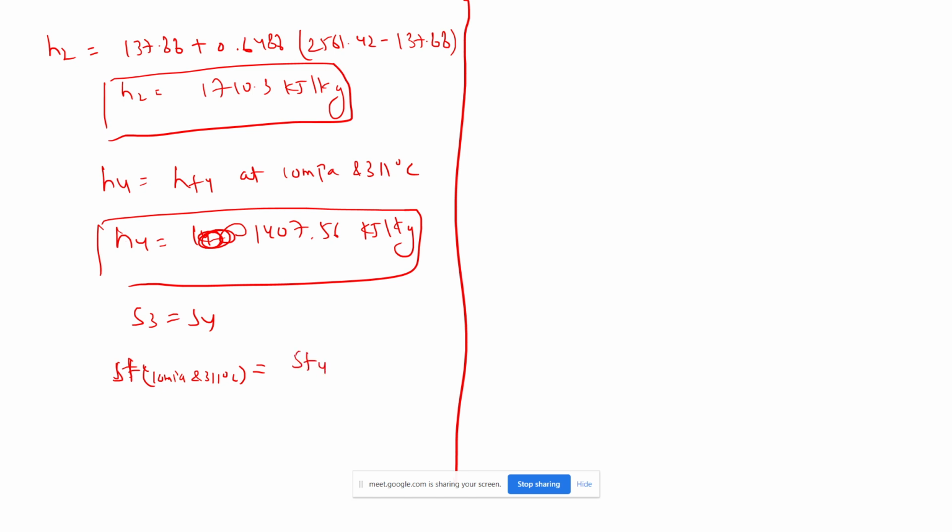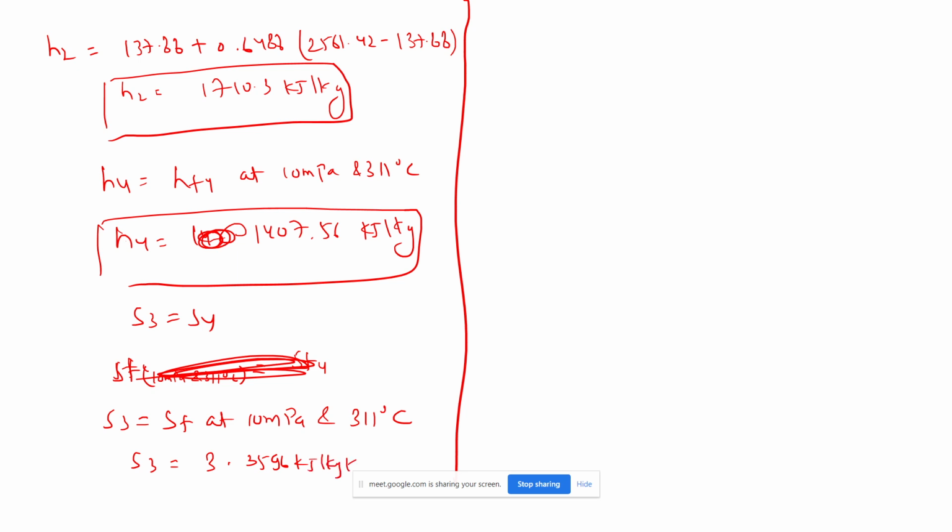What is the value of S3? S3 will be equal to SF at a pressure of 10 megapascal and temperature 311 degrees Celsius. So it will be 3.3596 kilojoule per kg Kelvin.